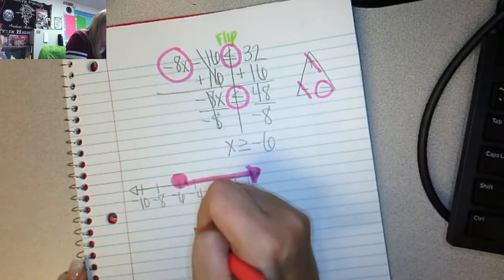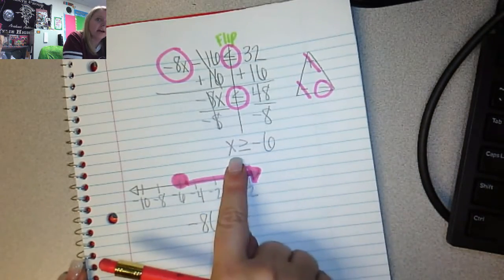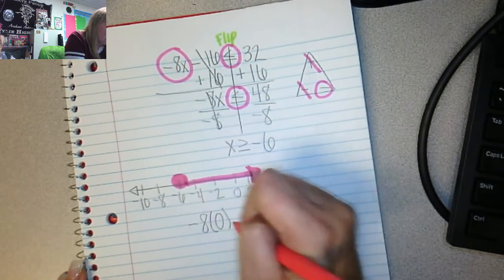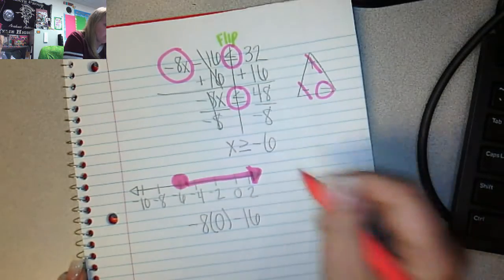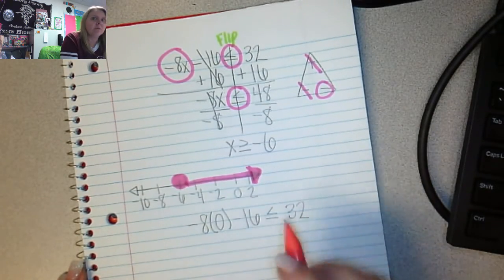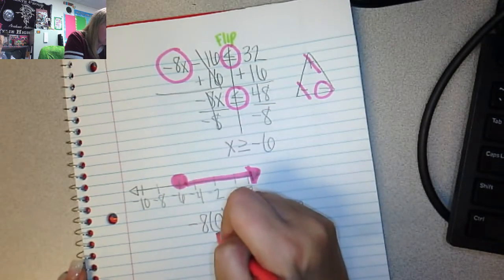So now I have negative 8 times, instead of using x, I'm now going to use 0 because it is greater than negative 6, minus 16 is less than or equal to 32. So I'm going to start with the parentheses. Negative 8 times 0 is 0.